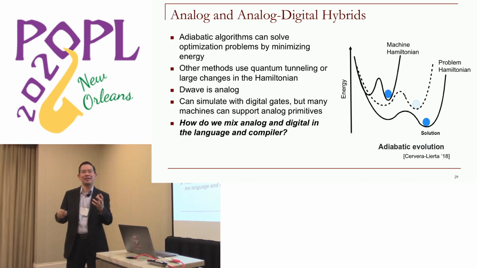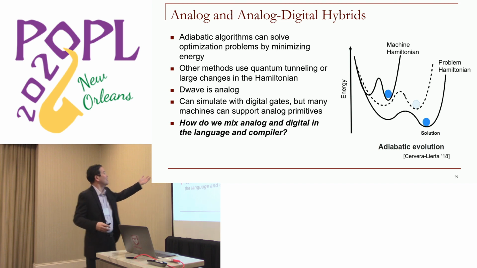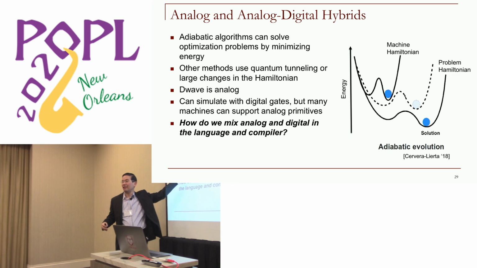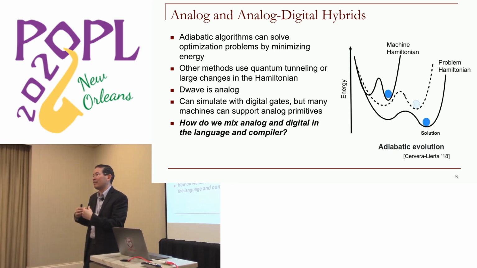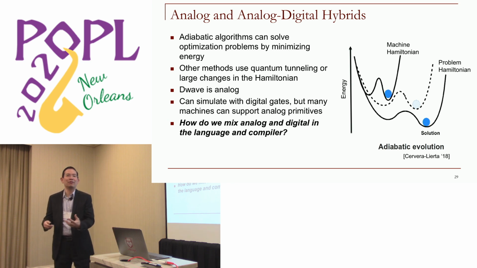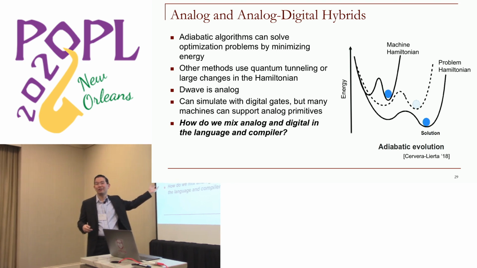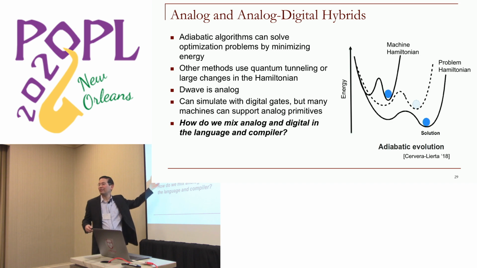And this is typically done with 2 qubit gates on a digital system. It's also done on the D-Wave machine in an analog way. It turns out that the digital machines can be evolved, some of them, with analog primitives. So you could expose analog machine primitives to your compiler and to your language. The real question is, how would you do that?